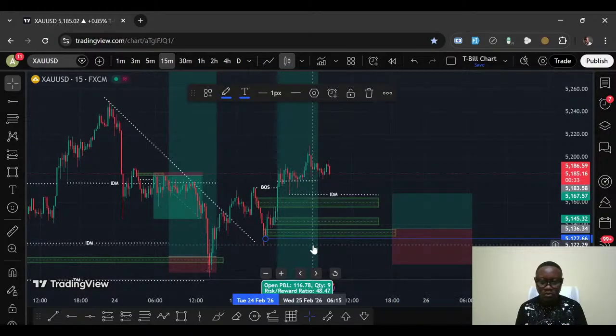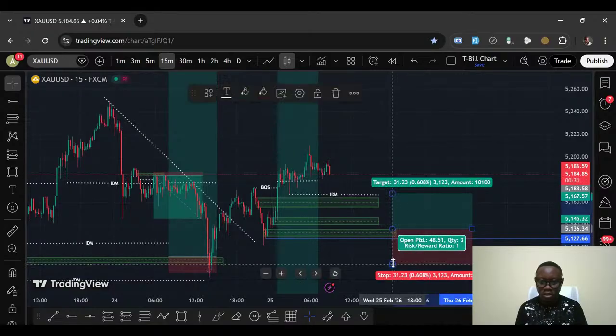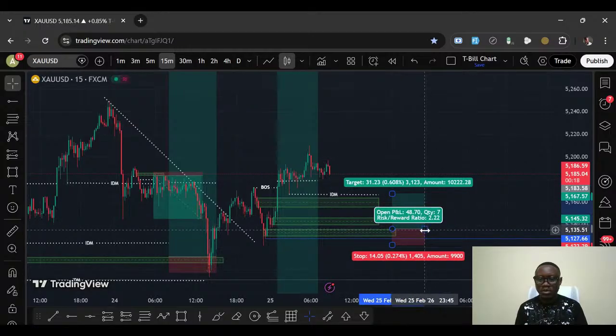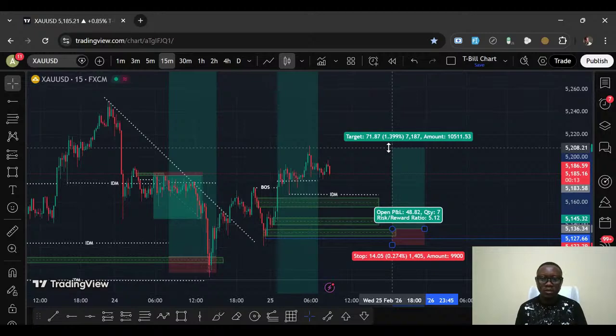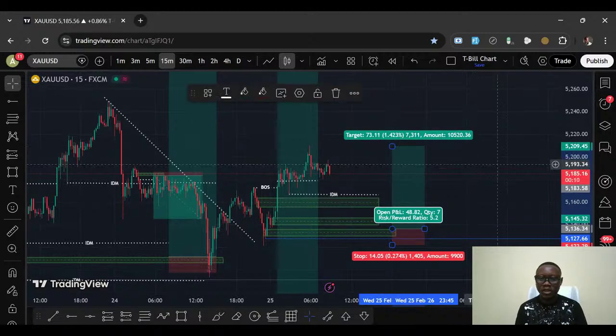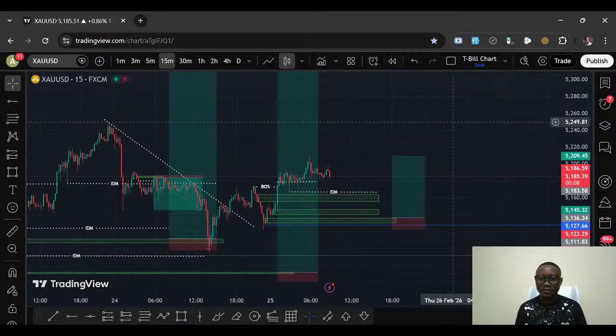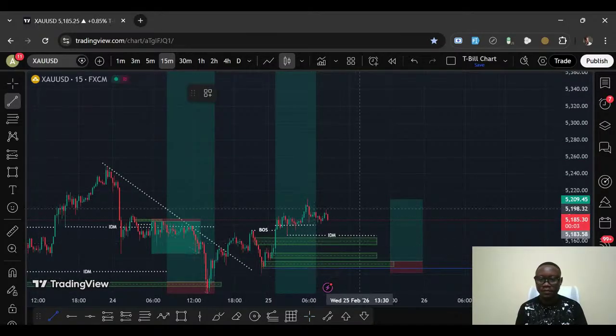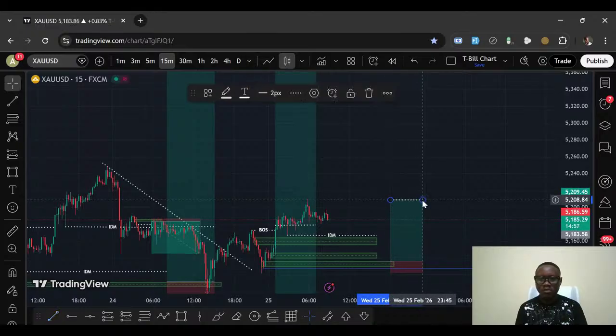This is where our SL will be, right below this, like so. And our TP would be right here. This is our TP1. Let's mark it as TP1.